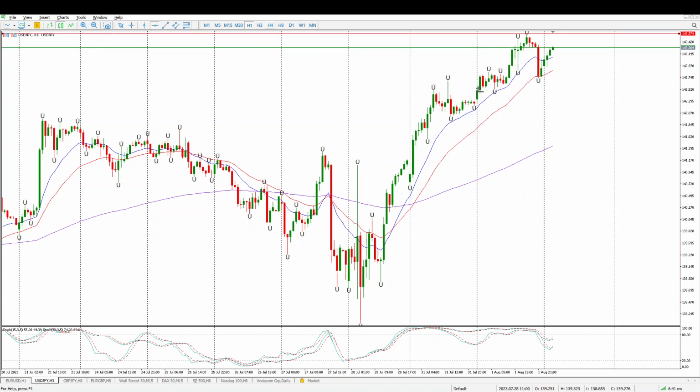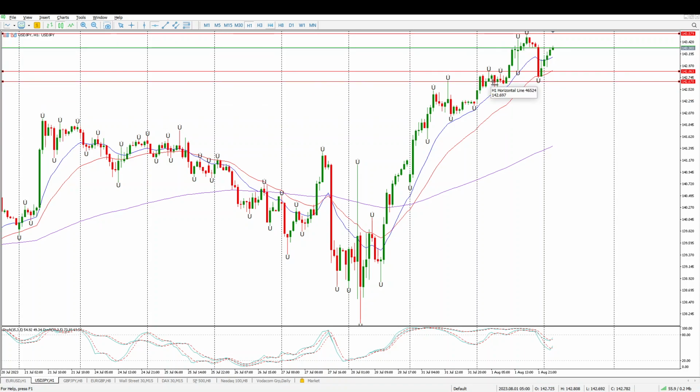So if we just stick to the rules, there is a pin bar, and then there's another one here. I'm going to put that in. So I would want to see price come back and test these levels before looking for an opportunity to the upside.